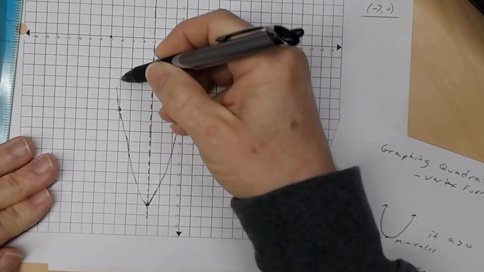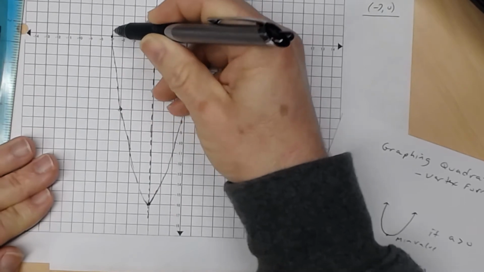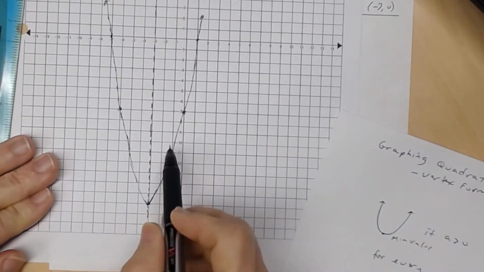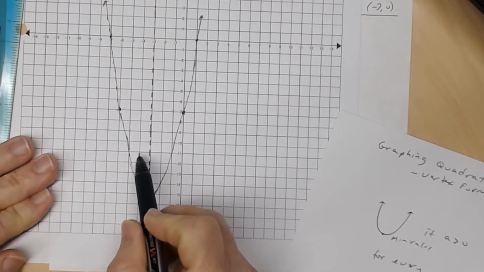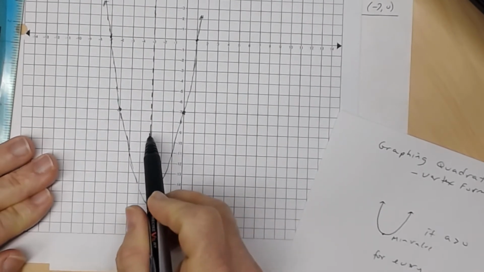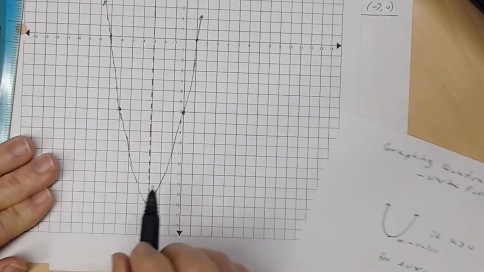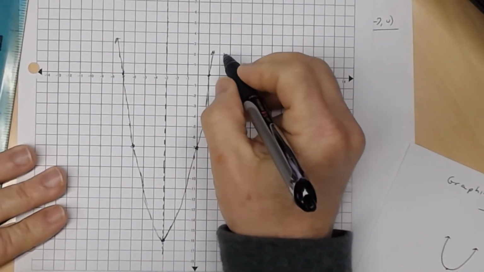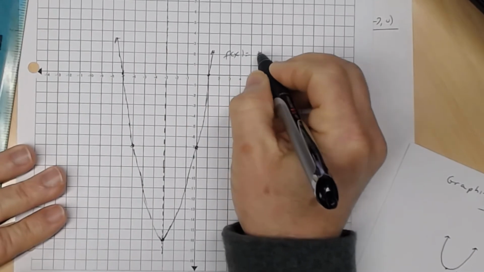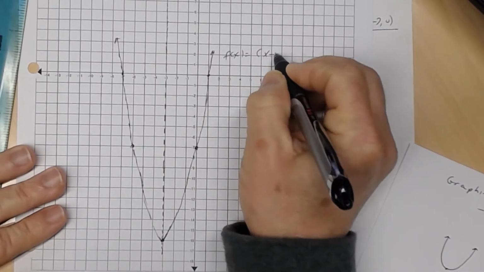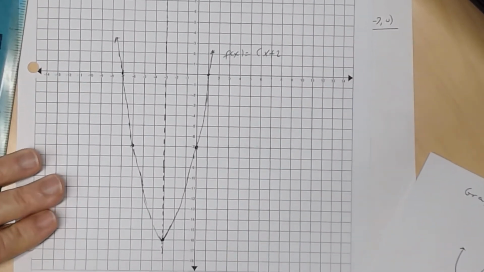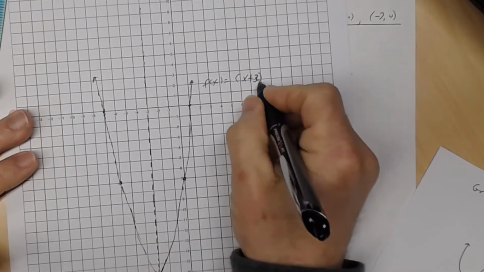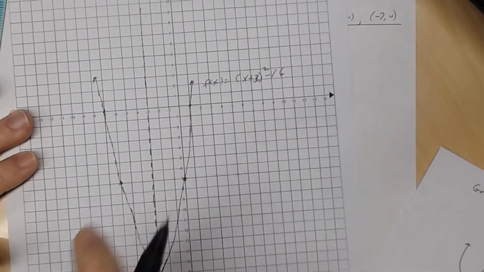Before we go on, just keep in mind that this distance has to be the same as that distance, which has to be the same as that distance, and so on. So there's your problem. That is number 1, the function f of x equals x plus 3 squared minus 16.